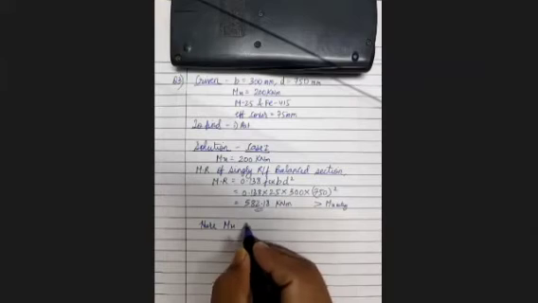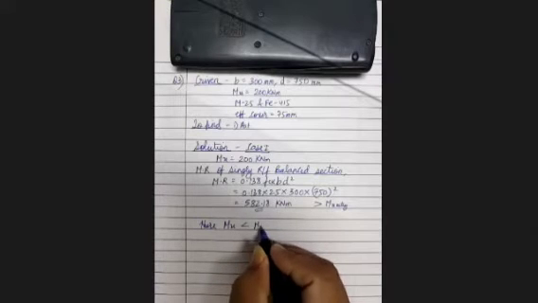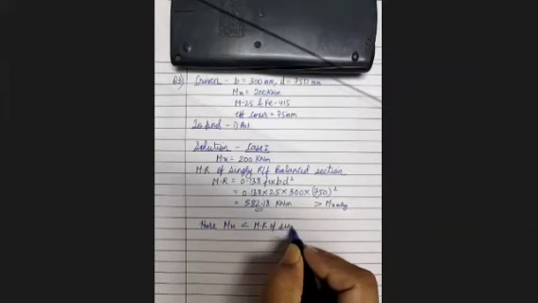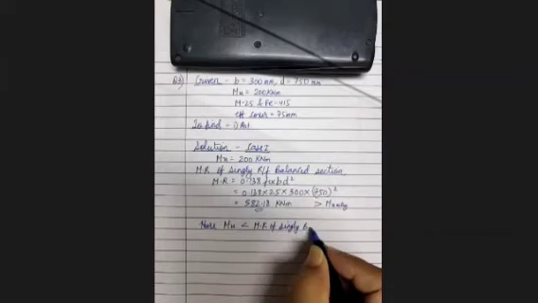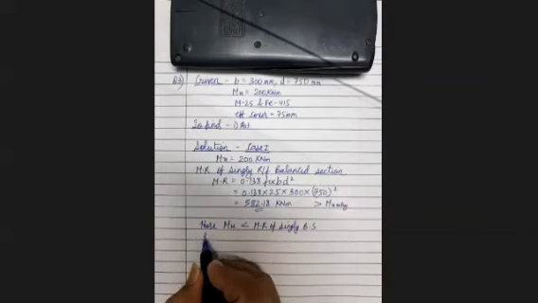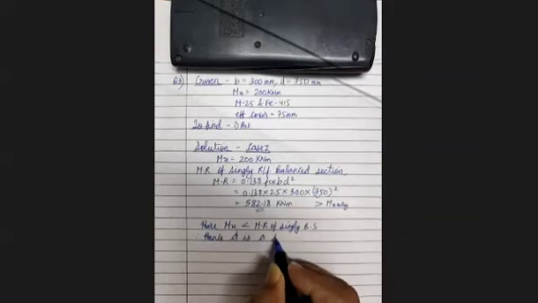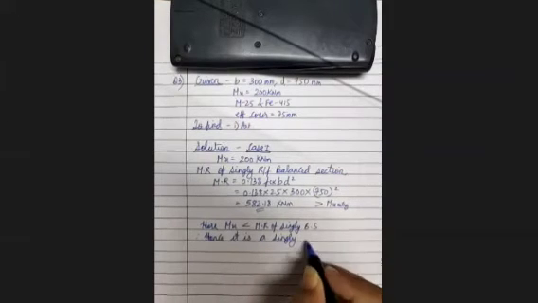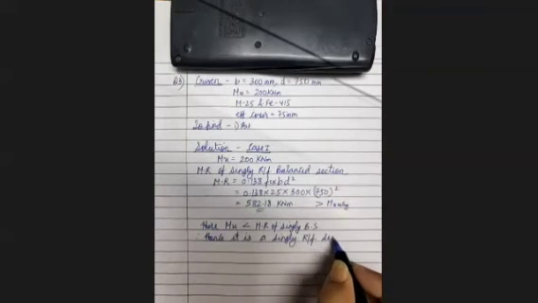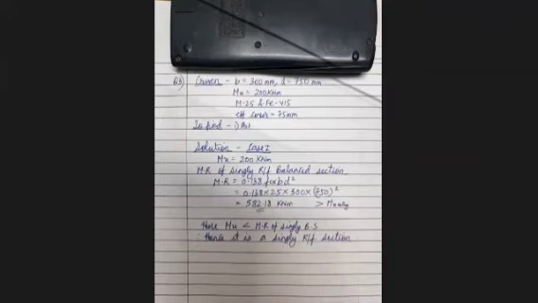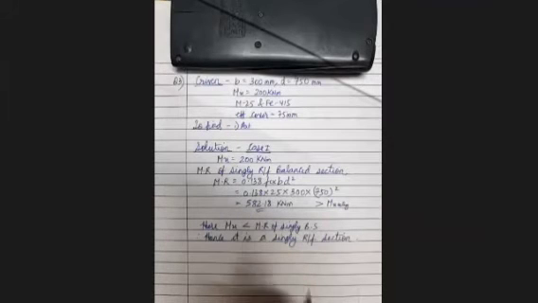Mu is the acting moment, which is less than the capacity MR of a singly reinforced balanced section. So therefore, hence, it is a singly reinforced section. Understood? Your acting moment is less than its capacity, the capacity is not being exceeded. So that is why it is a singly reinforced section.